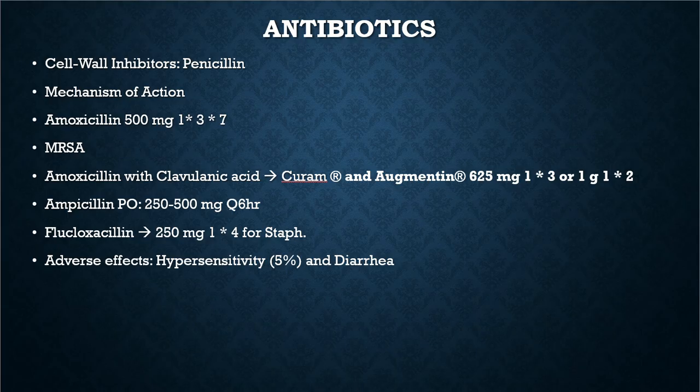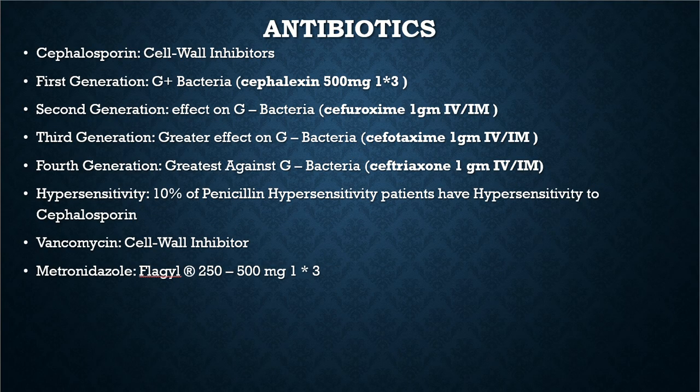The most important thing that we should know: penicillins have adverse effects. Hypersensitivity, causing anaphylactic shock, and sometimes they can cause diarrhea. Now, we have cephalosporins, which are cell wall inhibitors as well. We can have first generation, they work on gram positive.